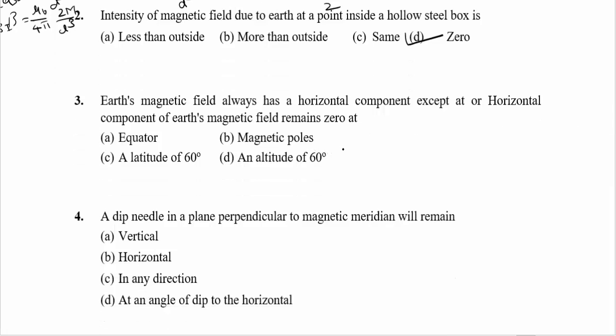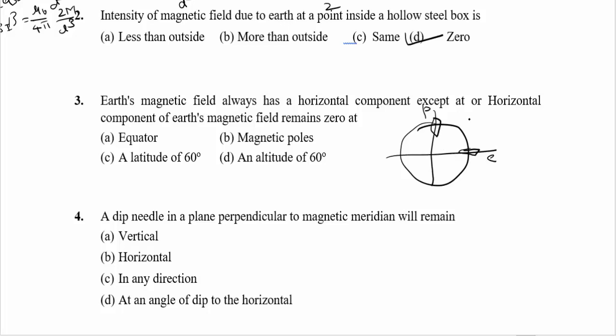Next question. Earth's magnetic field, the horizontal component of Earth's magnetic field remains 0 at where? If you take the Earth, this is the equator, this is the polar axis of the Earth. If you take the needle, the needle will be horizontal at the equator, and the needle will be vertical at the polar axis.